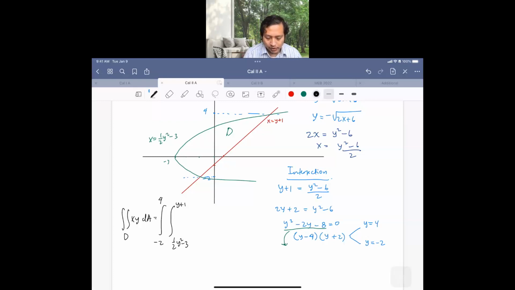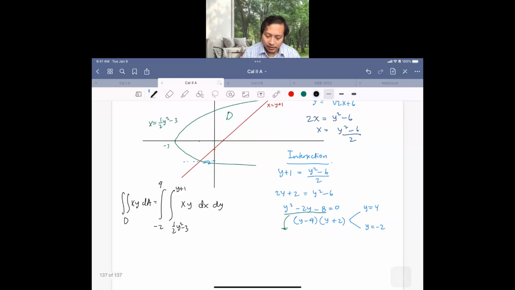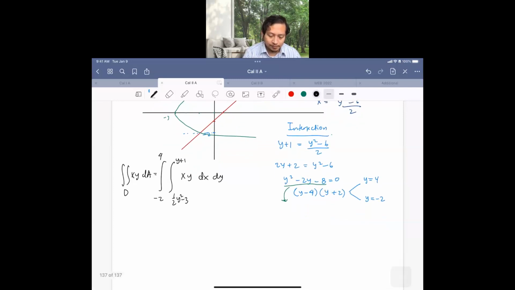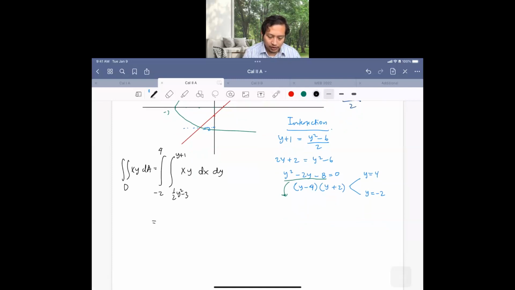And then xy dx dy. Okay, first, to set up this double integral is important. So if it's like step-by-step solutions, then this step is worth at least 25% or 30%. Yeah, 30%. These steps.